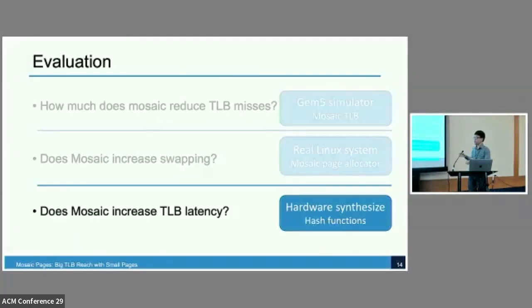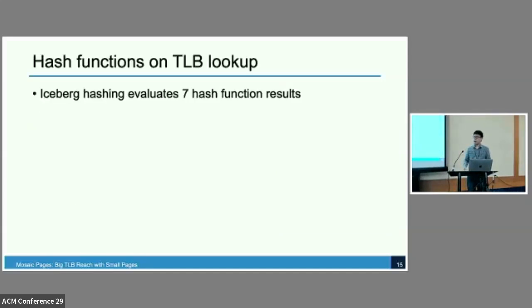The final question is, does Mosaic increase TLB latency? To answer this question, we implement hash functions in Verilog, physically synthesize the code, and perform the timing analysis. Iceberg hashing evaluates 7 hash function results concurrently. We think this is feasible, and to confirm, we implement this and do the timing analysis.